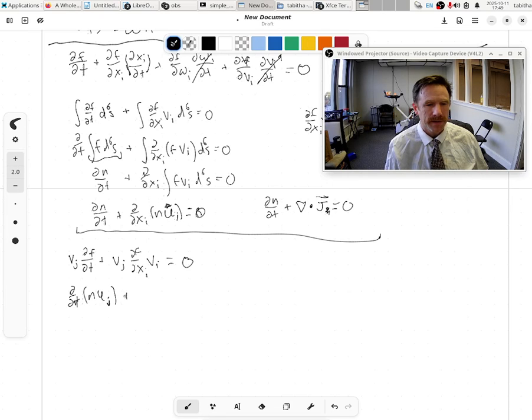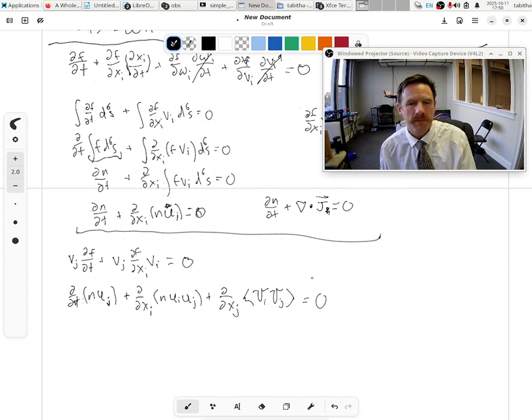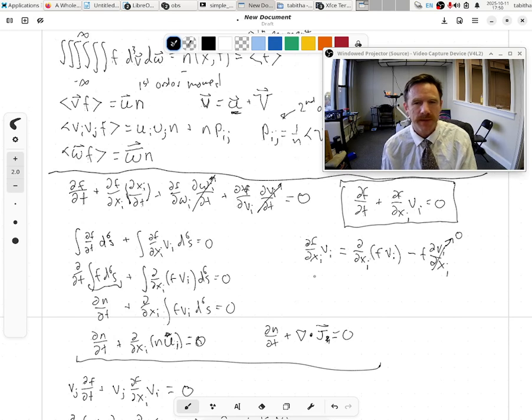And then this term is a d by dxi of our n ui uj, and we're going to have a term with the peculiar velocities. And this is our momentum transport equation. If we had mass in here, we'd be calling it a momentum transport equation.